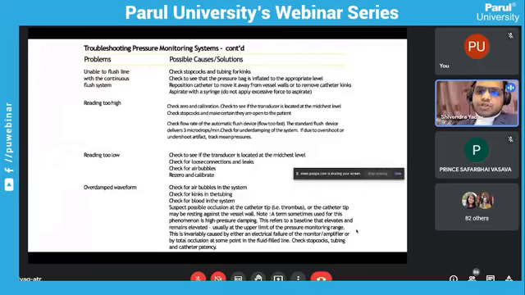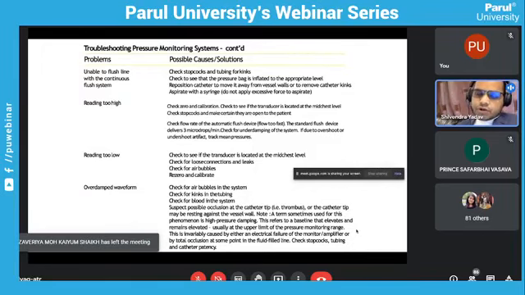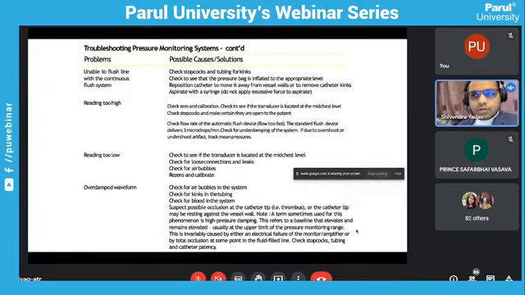Then check to see if the pressure bag is inflated at the appropriate level. Now this is very important. You are trying to flush, but there's no pressure in the pressure bag. Then you will not see the saline flushing. So you have to make sure that the pressure bag has got a pressure of up to 320, at the 320.